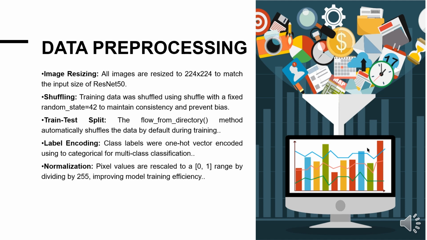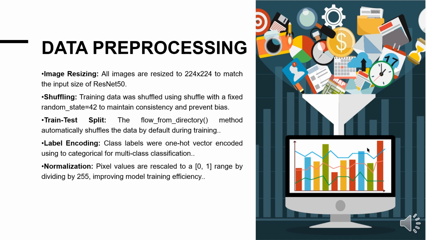In the train test split, the flow from directory method automatically shuffles the data by default during training. In the label encoding step, all the training data were labeled by the one-hot vector encoding method to categorize for multi-class classification.